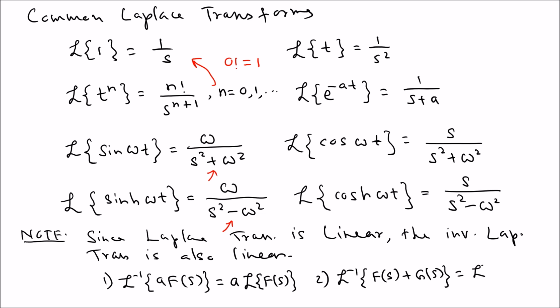So we can write this as L inverse of F(s) plus L inverse of G(s). This is very easy to prove just using the definition, but we can use them a lot. If you have a constant, you can pull it out, and if you have a sum, you can split them. So we can use those two when you do problems.